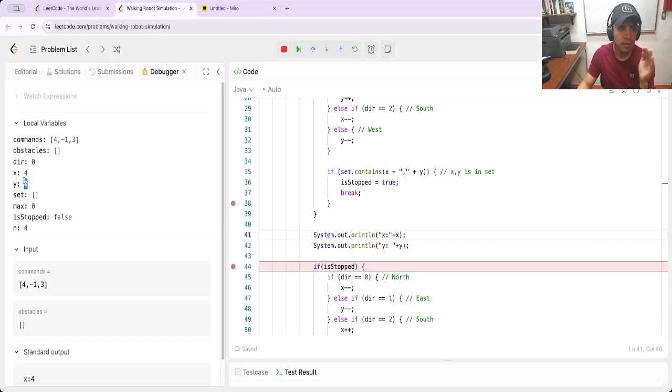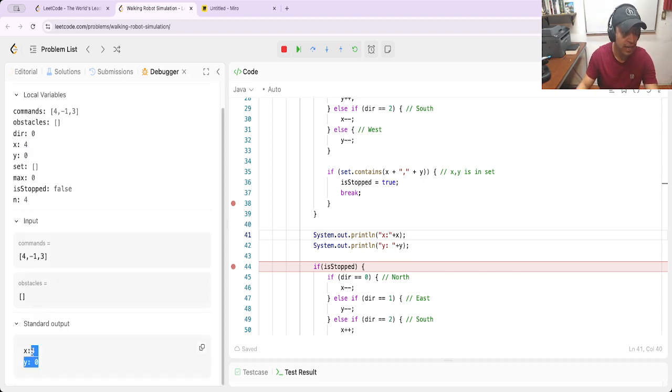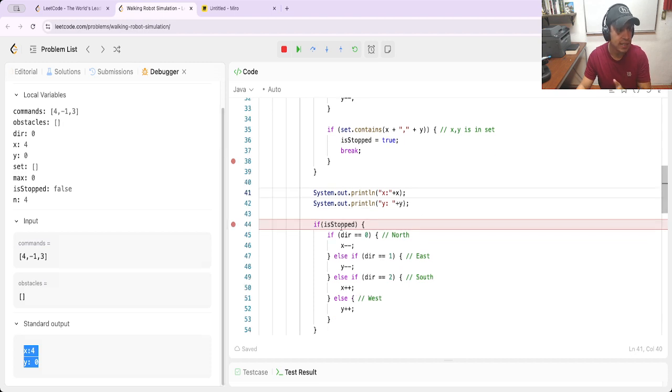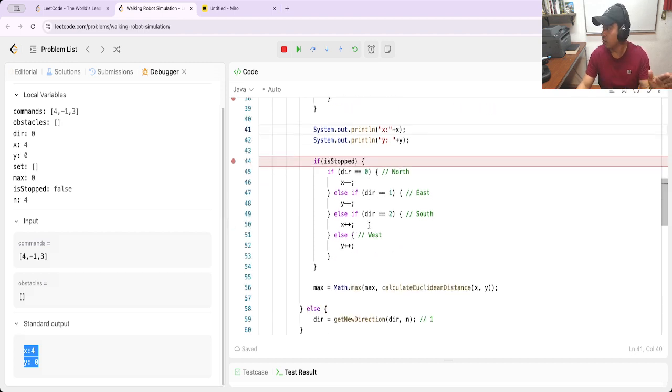Yeah, start at 0 0 and we are walking in the north direction, means that the x should be increased, in this case 4 times, because no obstacle appears. For that reason I have here x 4 and y 0, it's okay. And the max is 0. In this case, stopped is false.